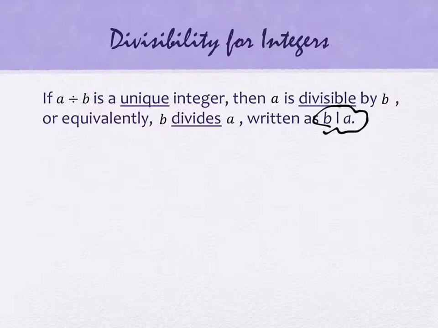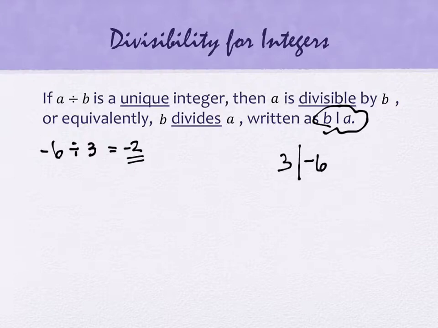So again, if I had -6 divided by 3, and it is a unique integer, of course, because it's -2, then we would say that 3 divides -6, because it gave us an integer answer. That's what it means for something to divide something else. And of course, the notation for that would be this 3, a vertical bar, and then the -6. 3 divides -6.